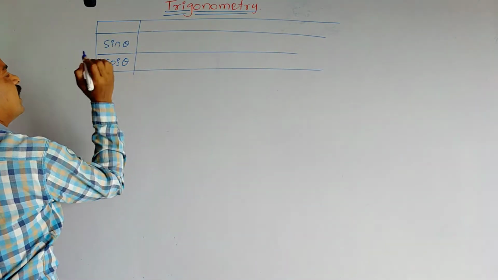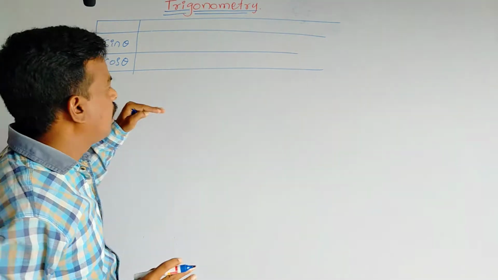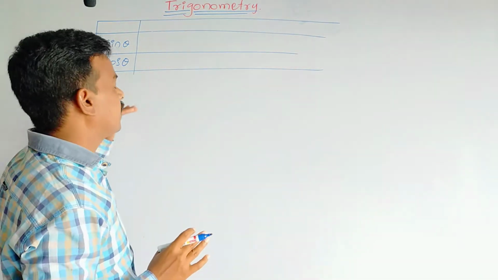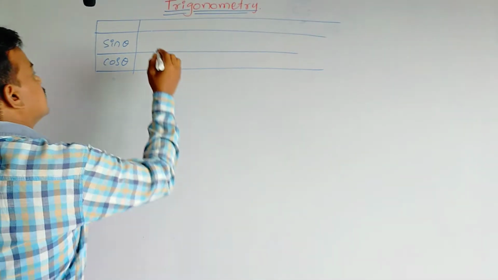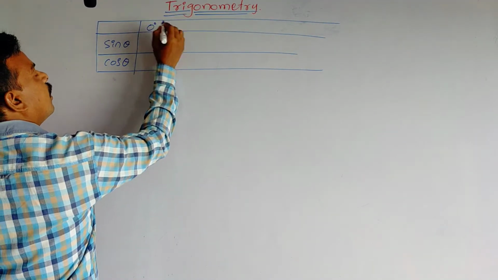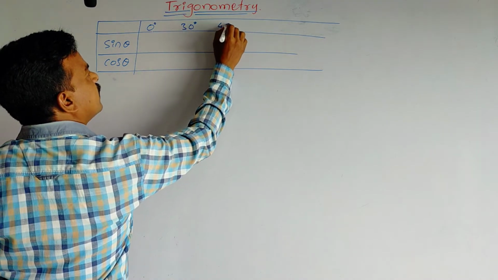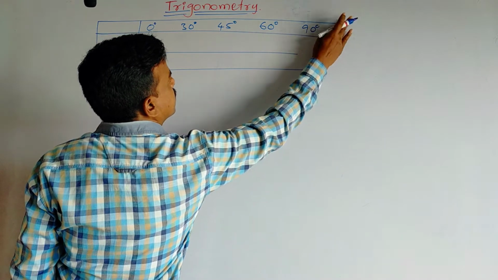You see, we have taken only sine and cos, and we can prepare this table: six trigonometric ratios and five angles. The angles are 0, 30, 45, next 60 and 90 degrees.